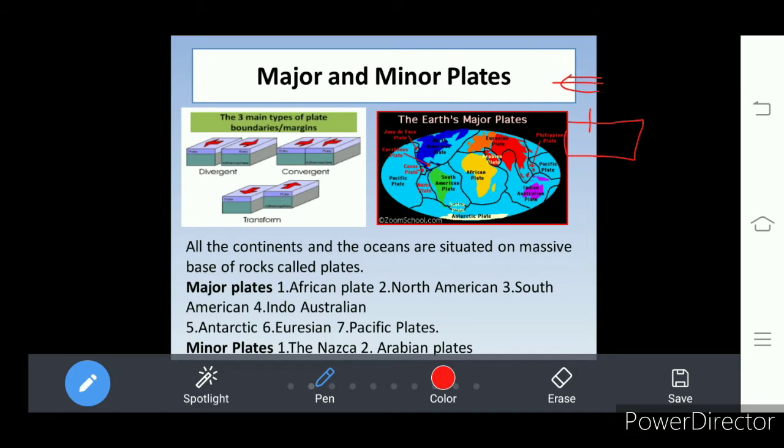And here is the Indo-Australian plate. When they push each other, pressure is exerted here. And due to that pressure, one plate is pushed under the other plate. Okay, now look here. This is the plate rising up, and another plate is going under this plate.